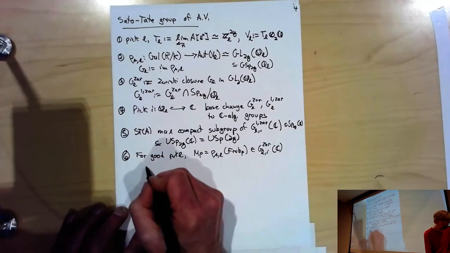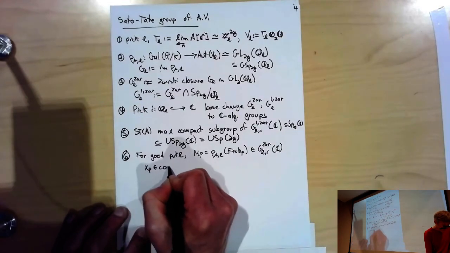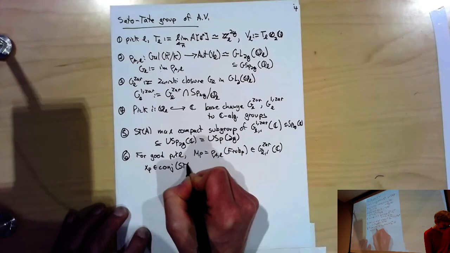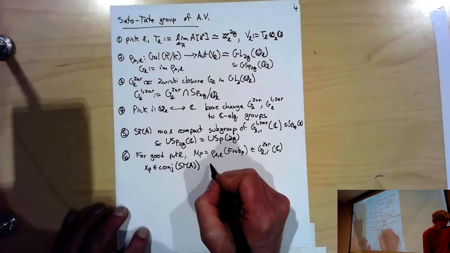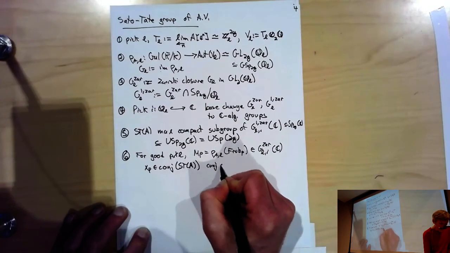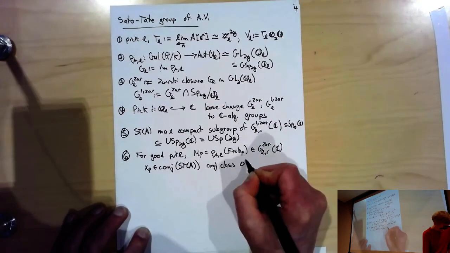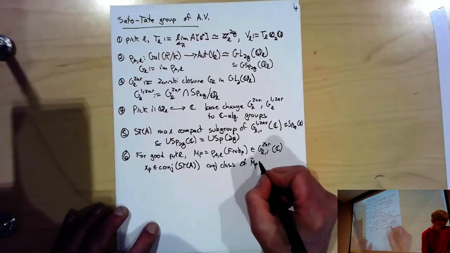Okay, and we take, I'm going to write it this way, just for simplicity. So we're going to take the conjugacy class in the Sato-Tate group of our normalized Frobenius matrix.